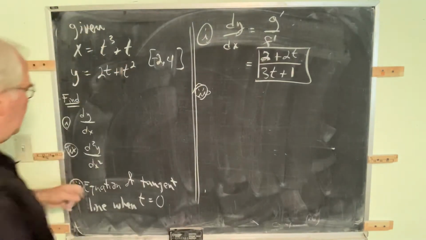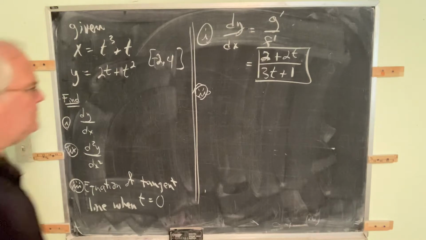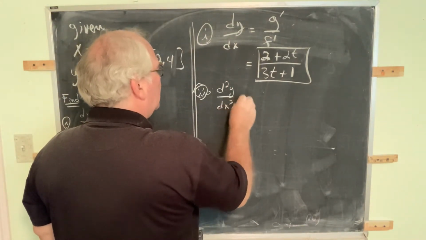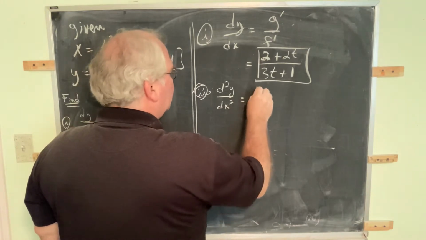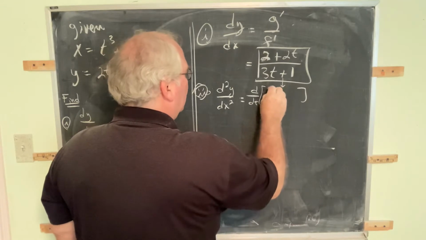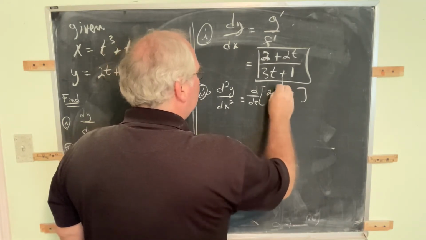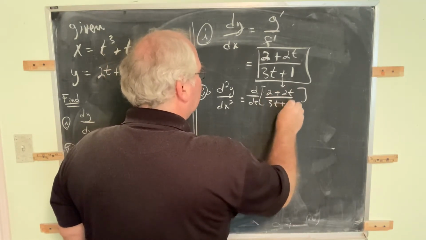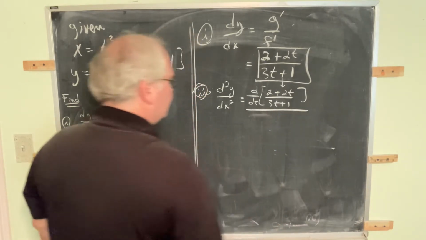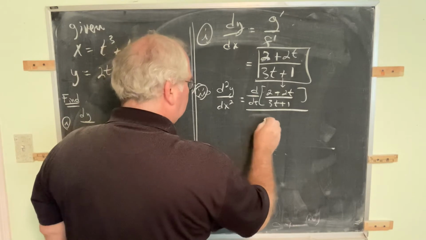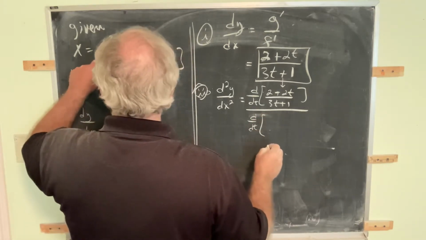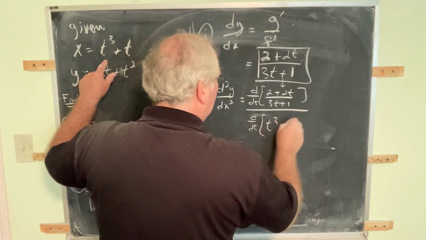Number two, I want to find the second derivative. So that is the derivative with respect to t of what you just found, (2 plus 2t) over (3t plus 1), over dx/dt, the derivative with respect to t of t to the third plus t.